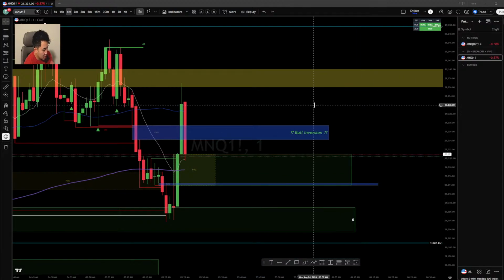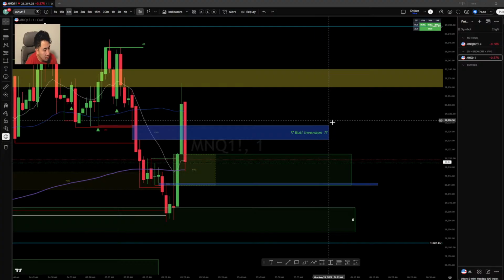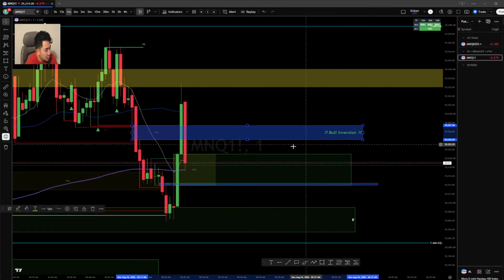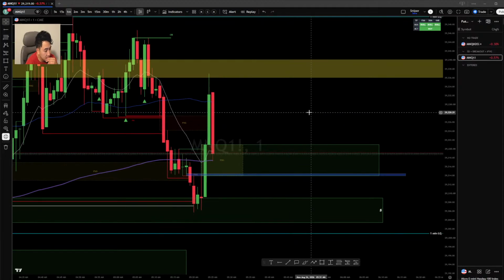Let's see how price reacts. This bullish inversion zone probably won't hold, so I'm just gonna delete that one there.